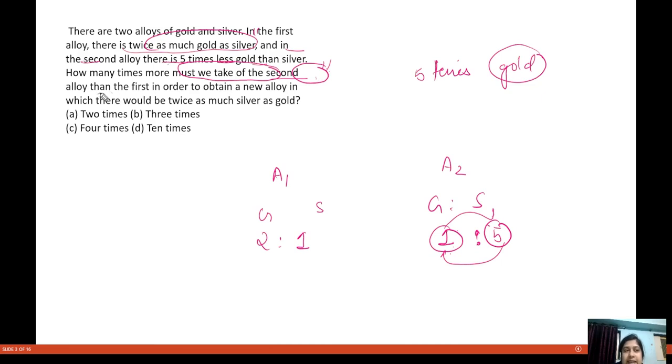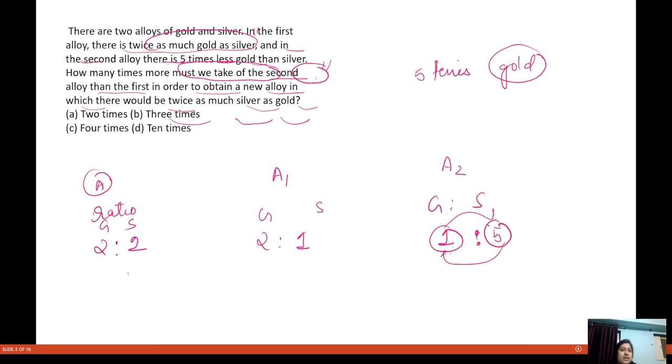Now what it is saying, it is asking how many times more must we take of the second alloy than the first in order to obtain a new alloy in which there would be twice as much silver as gold. So we want the alloy to have a ratio of our alloy that we need. We want to have gold and silver ratio of 2 is to 1.